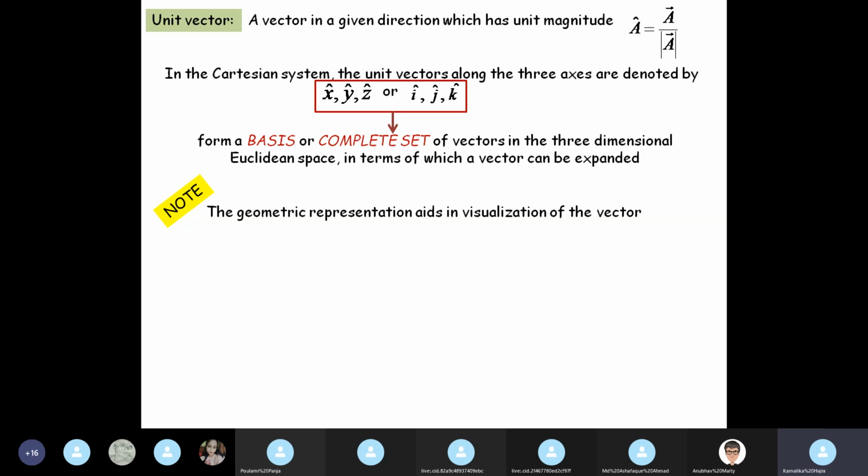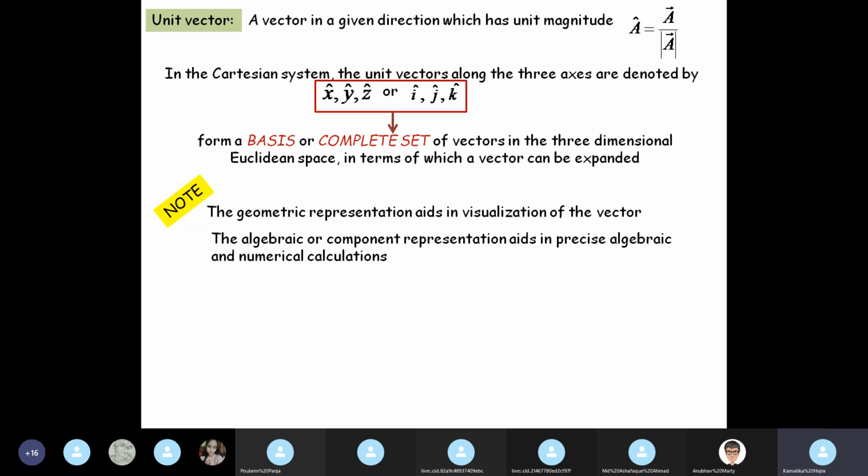You can use the triangle formula or the parallelogram formula, but for that the algebraic or component representation becomes much more convenient. Suppose a vector A in component form is written as ax i cap plus ay j cap plus az k cap, and another vector B is written as bx i cap plus by j cap plus bz k cap.